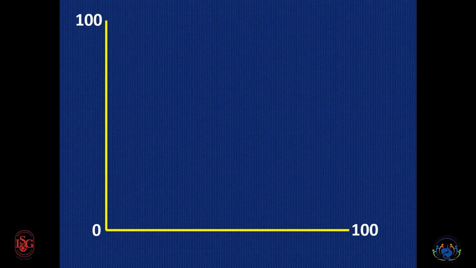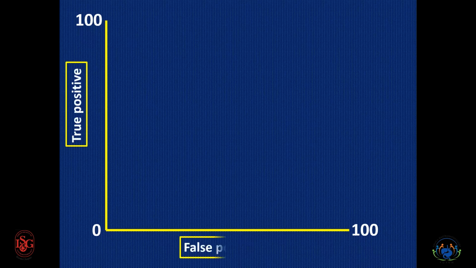The next method that we use to identify the correct cutoff and to compare diagnostic tests is the receiver operating characteristic curve, or the ROC curve. As you see, the ROC curve has the true positives on the y-axis and the false positives on the x-axis.